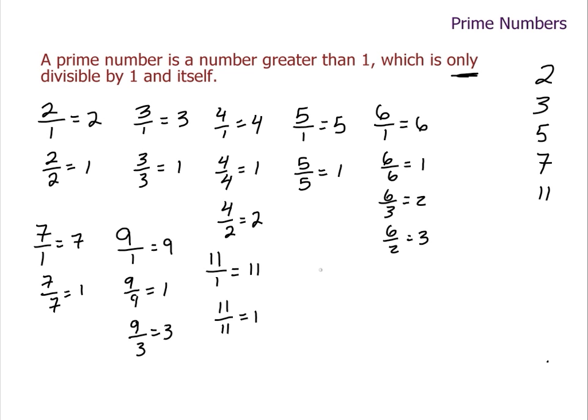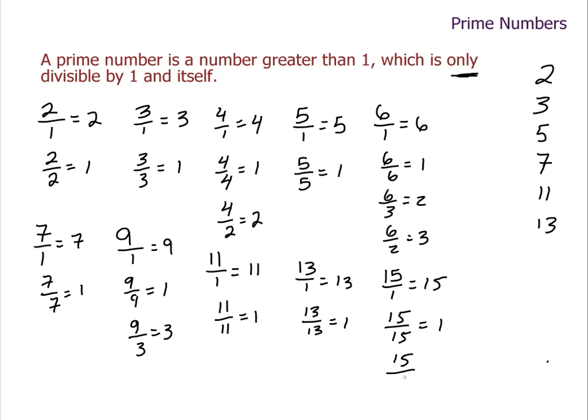12 is not. 13 is, because it's divisible by 1 and by itself only. So 13 is. 14 is not. 15. 15 is divisible by 1 and by itself, but can you think of another number?